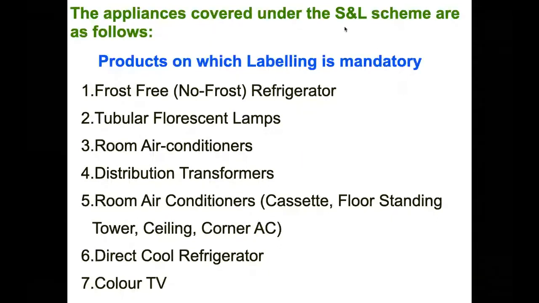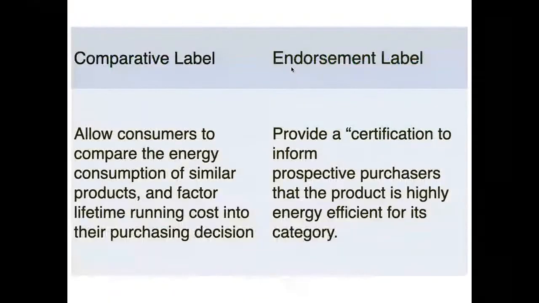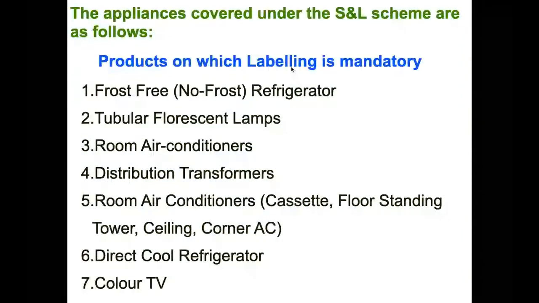As I told you, labels let consumers get to know how much energy is being saved, the efficiency category, or the running cost in their purchasing, right? So some standards have been maintained, and some products have to mandatorily, or compulsorily, carry the labeling.